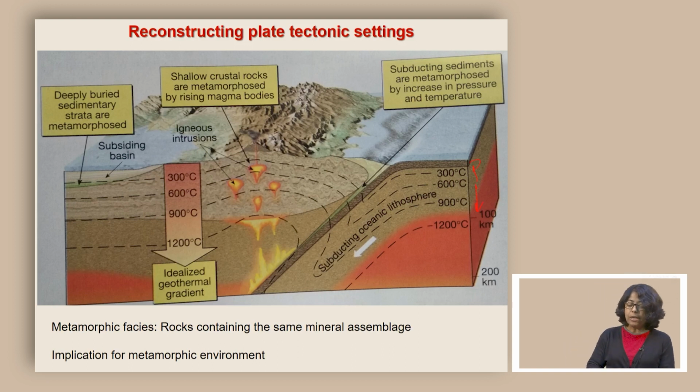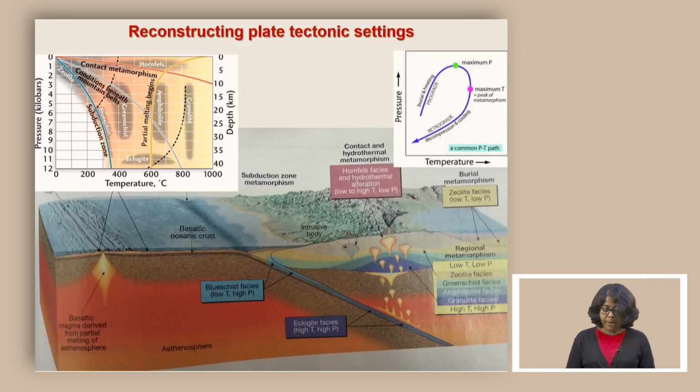So, once we know the stability field of these mineral associations, it is possible to actually put together a composite picture of where you are going to expect what kind of rock, and this is what the picture represents.